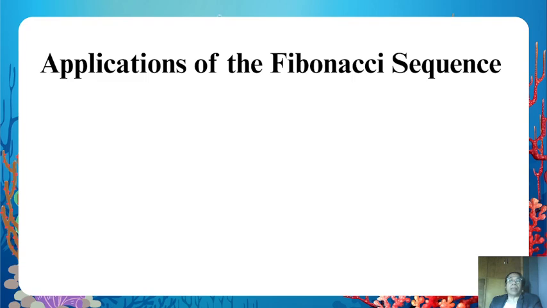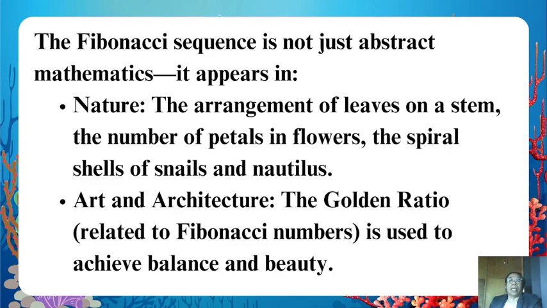Applications of the Fibonacci sequence. The Fibonacci sequence is not just abstract mathematics. It appears in nature: the arrangement of leaves on a stem, the number of petals in flowers, the spiral shells of snails and nautilus.